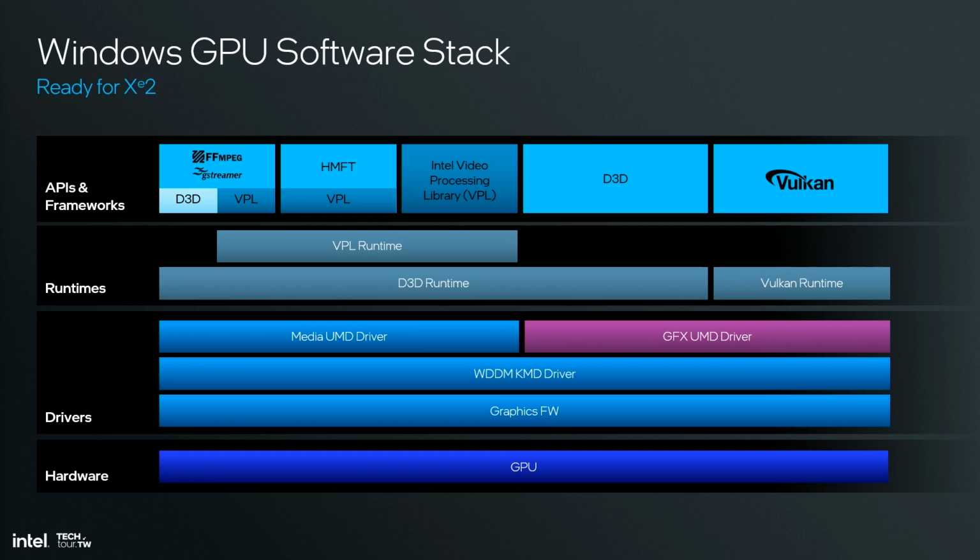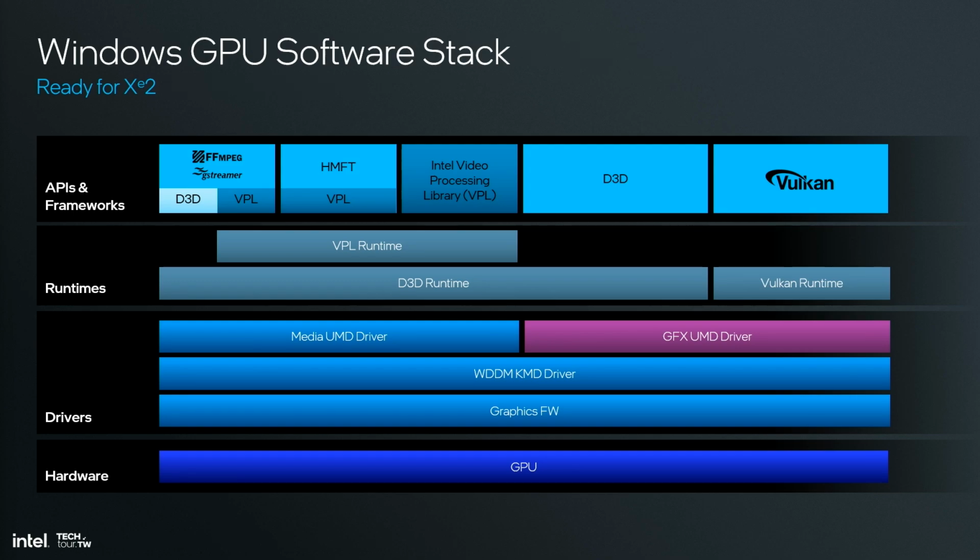So this half is like a software cornucopia for doing media encode and decode. On the left side, you'll see D3D and Vulkan, which we have spent an amazing amount of time with. And it's all been mostly down here in our graphics UMD driver and inside of our KMD driver. We've been improving them for years, and I'm really proud to say we've made dramatic improvements.